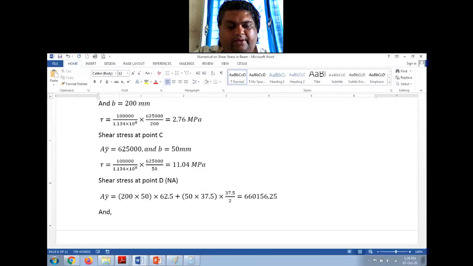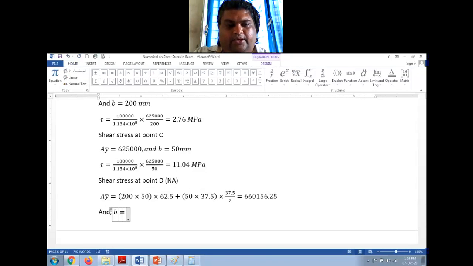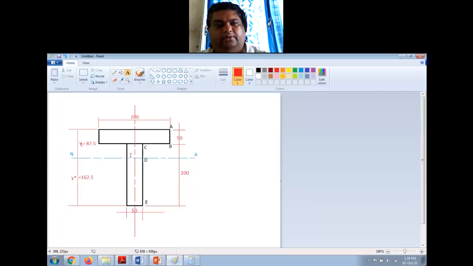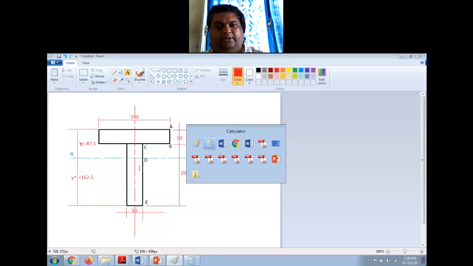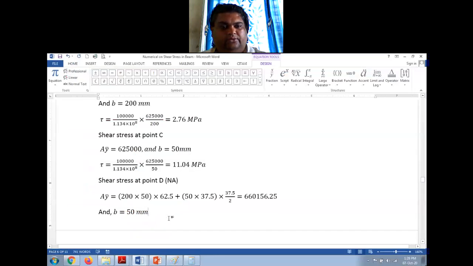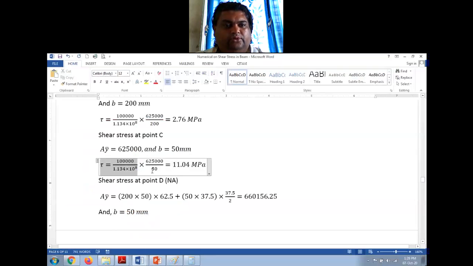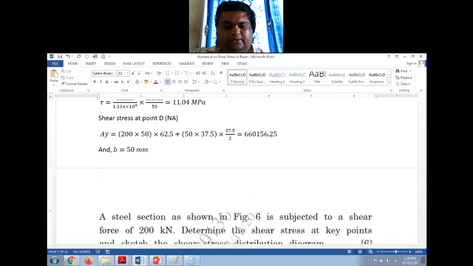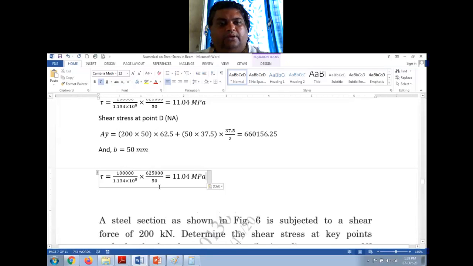and B is equal to 50 mm here. At neutral axis, width is 50 mm. Okay. So use this equation again. AY bar value is this, rest all remains the same, right?